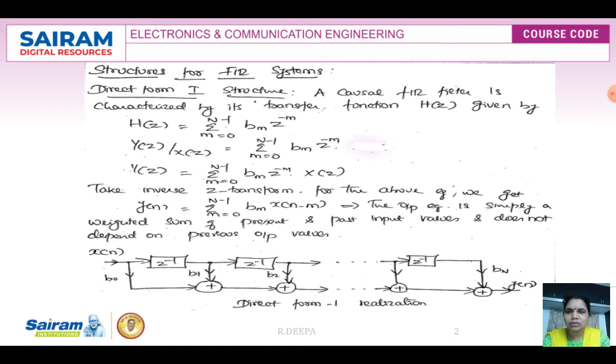So now let us cross multiply this X of z to the right hand part. So we will be getting Y of z is equal to summation m is equal to 0 to N minus 1 b_m z power of minus m into X of z.